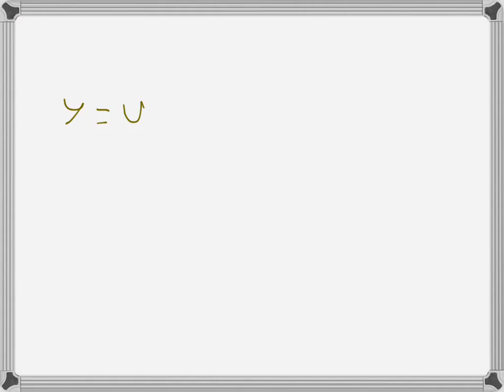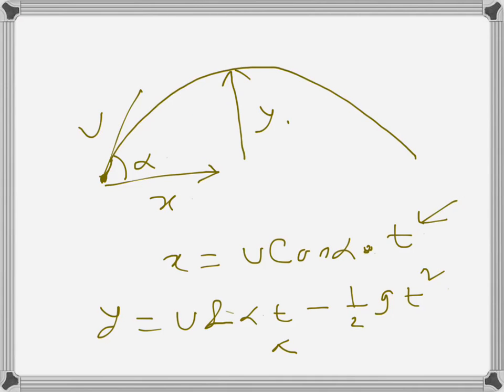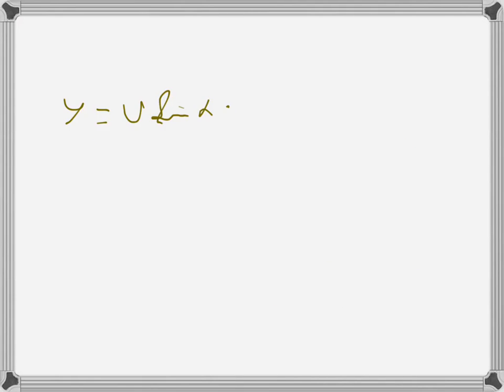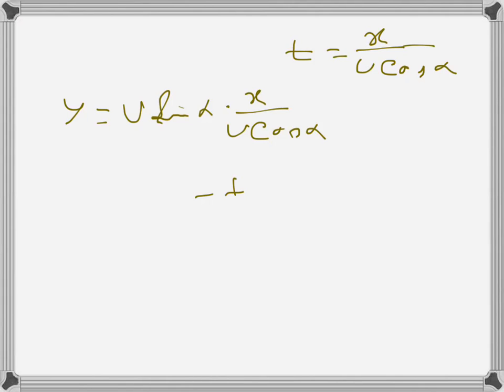This one will be u sine alpha times x over, so basically t can be written as x over u cos alpha, and instead of t here, we can write u cos alpha minus half g x square over u square cos square alpha.